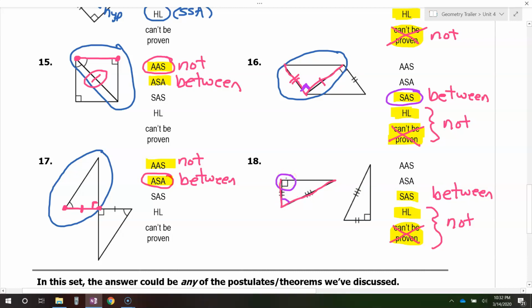Okay, so that means the angle is not between, so it is not side-angle-side. So if we look at it again, we see that it is hypotenuse-leg, because this side is the hypotenuse, and any other side is called a leg. So we have a hypotenuse and a leg, so this is actually hypotenuse-leg.